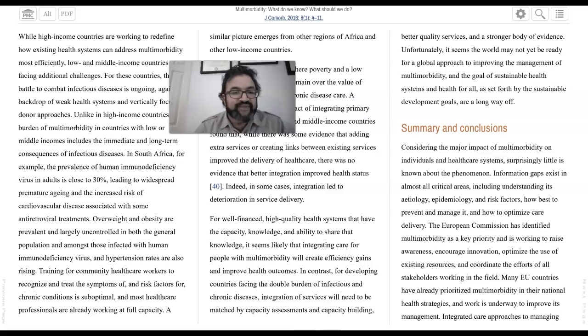So in South Africa, the prevalence of HIV is close to 30%. So this causes premature aging and the increased risk of cardiovascular diseases. And so again, the connections are again and again and again.